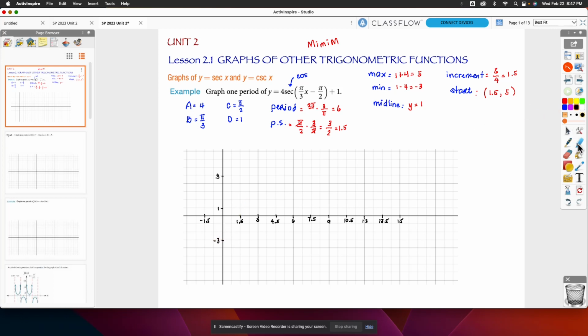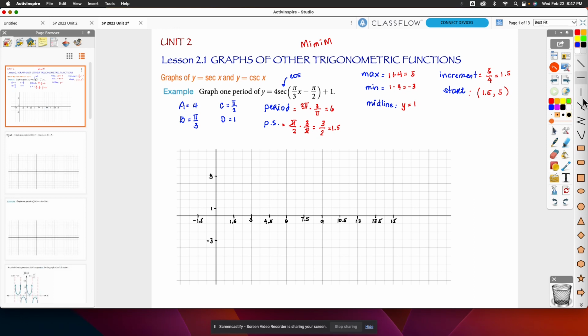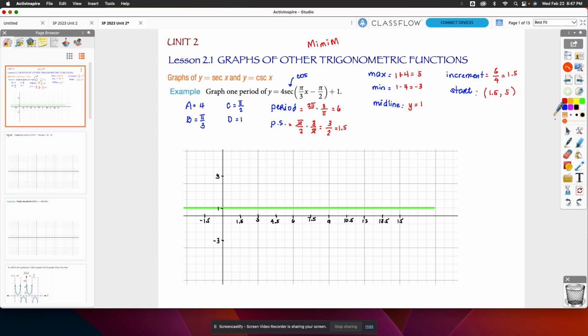Okay, so let's draw the midline. Midline is at y equals 1. Okay, we got it right there. Starting point is at 1.5, 5. So here's our 1.5, that's 5. And then we follow the pattern.